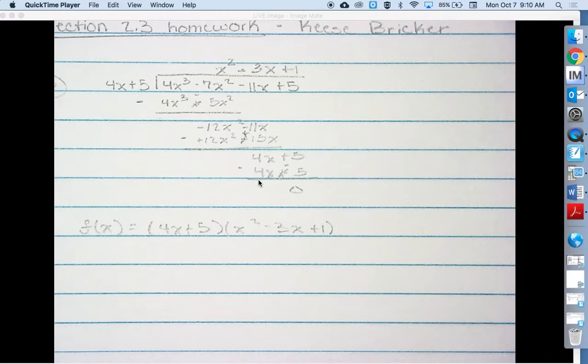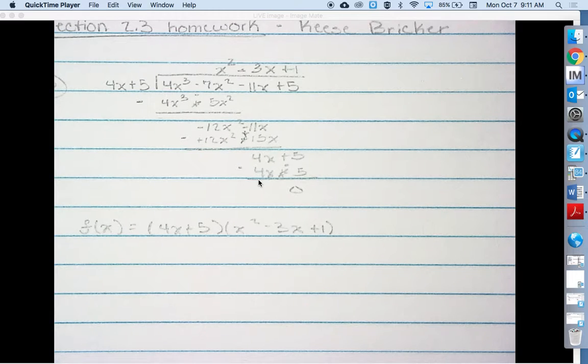So when it has a remainder of 0, Reese, what does that mean? If you get a remainder of 0, what does that mean about what you divided with, the 4x plus 5? It's a factor. Yeah, so that means it's a factor, and it's also an intercept.